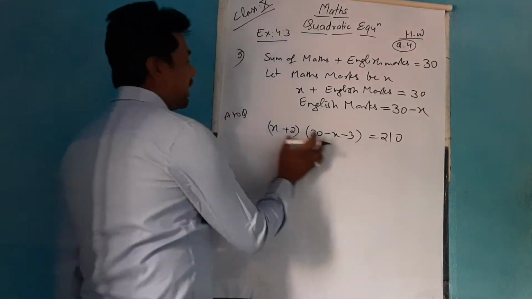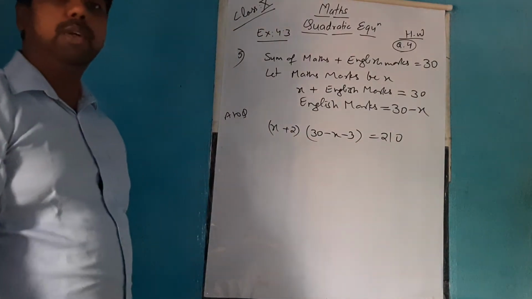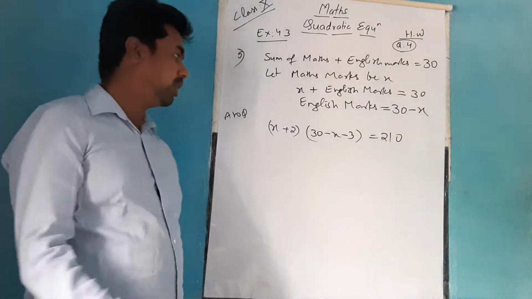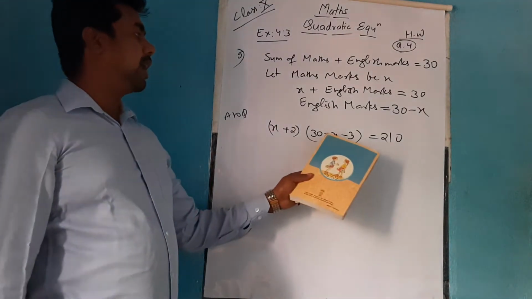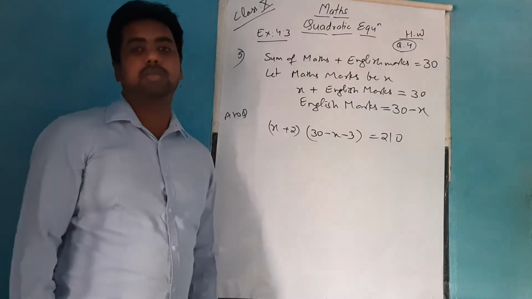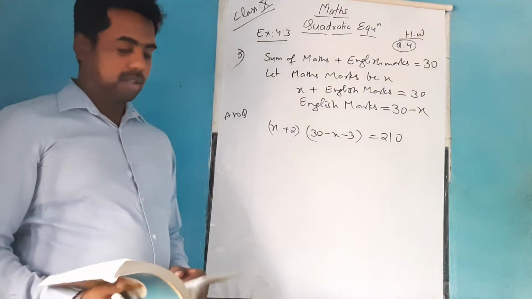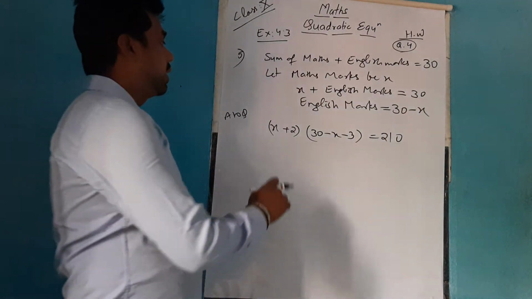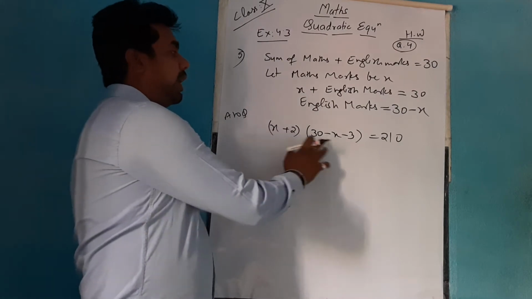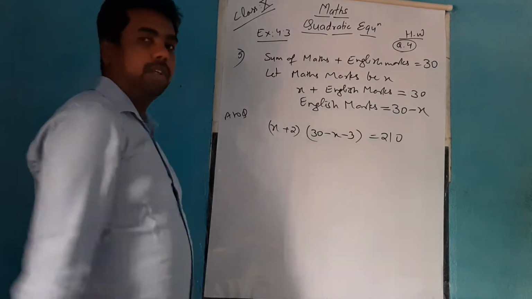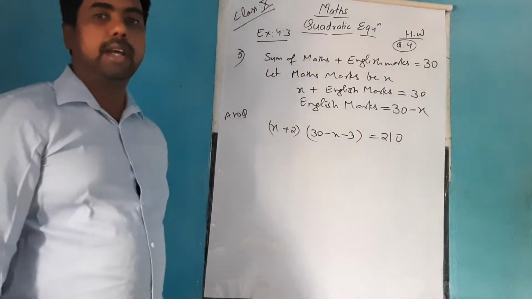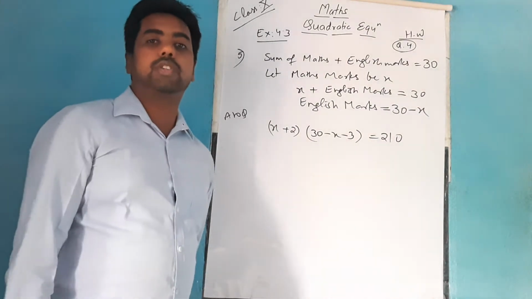So the product of maths marks and English marks will be 210 after the math marks is increased by 2 and the English marks is decreased by 3. So this will be your equation.